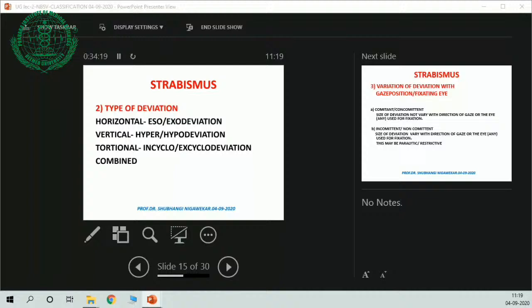Hypodeviation is a relative terminology because we consider only hyperdeviation. Third is the torsional, which is not for the UG level, but it is incyclo or excyclodeviation. Okay, is that clear?